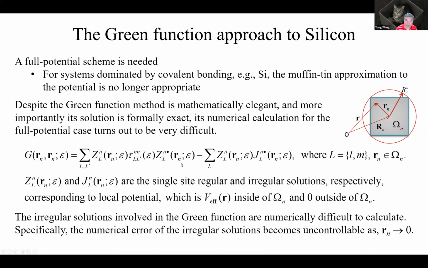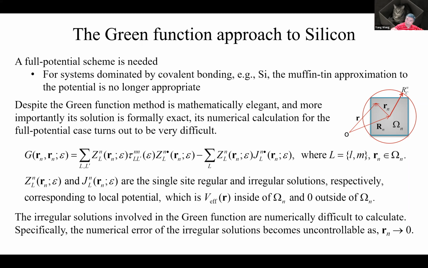Okay, so the basic problem is that in the full potential case, this irregular solution is very difficult to calculate. Basically, when you solve for this irregular solution starting from the outside, from the atomic cell, you have nice boundary conditions.